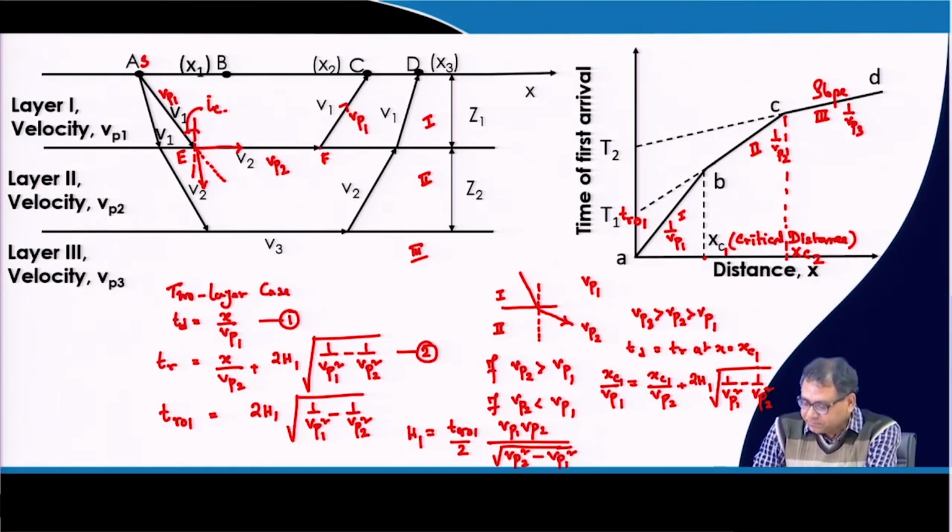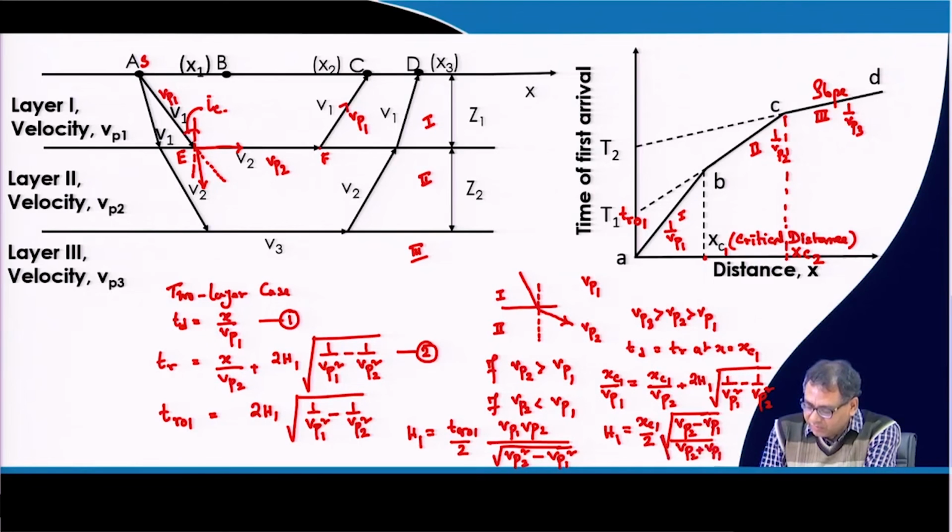Okay. So, here also Vp2 and Vp1 are known, xc1 I will get from this plot, then the only unknown is h1. Again, the h1 expression will give us xc1 by 2 times root over Vp2 minus Vp1 divided by Vp2 plus Vp1.